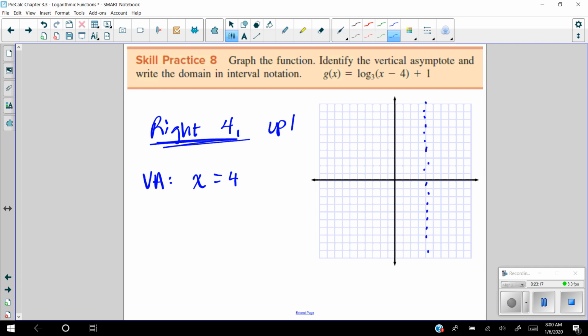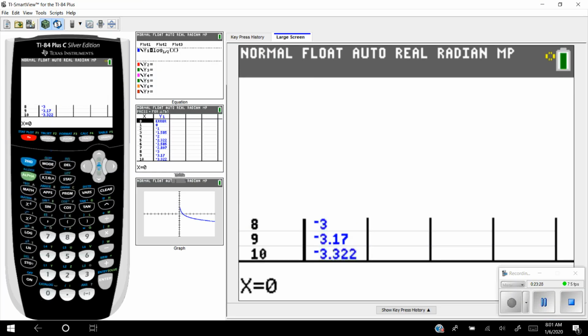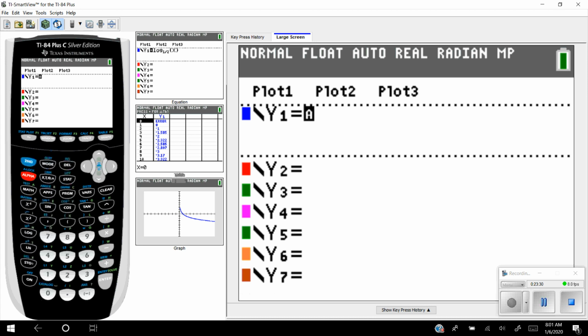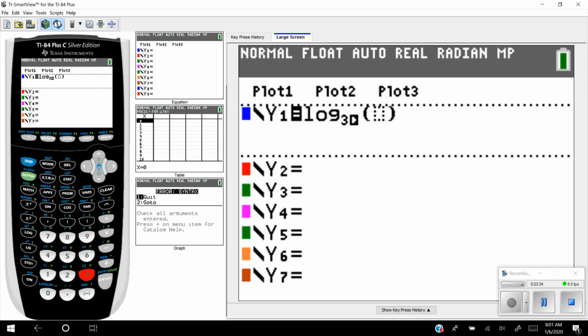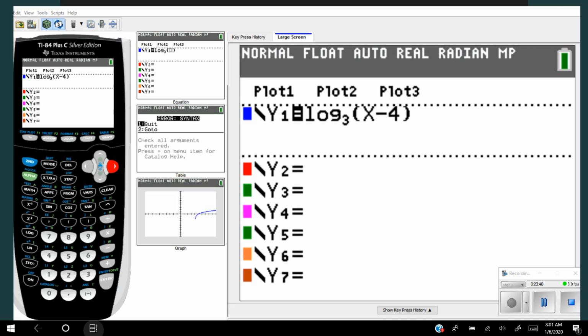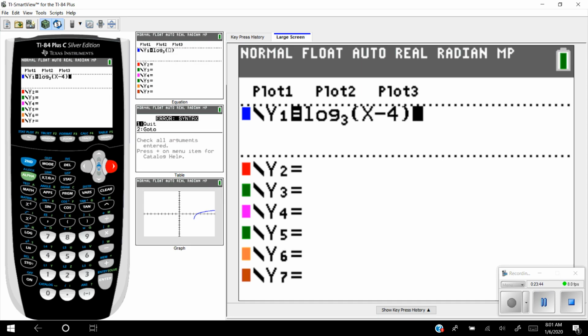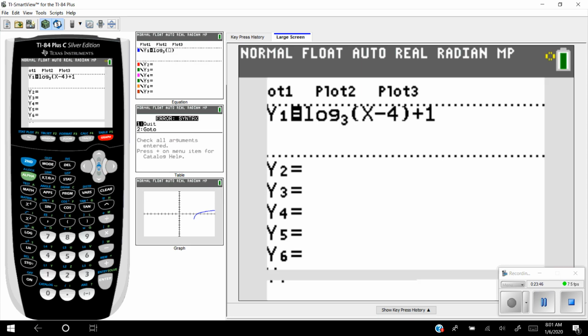Now, I'm going to go ahead and put this into my calculator to get some values. So log base 3 of x minus 4 plus 1. And we're going to need to use that change base button. So alpha window 5, log base 3 of x minus 4, and it was plus 1. So let's graph.